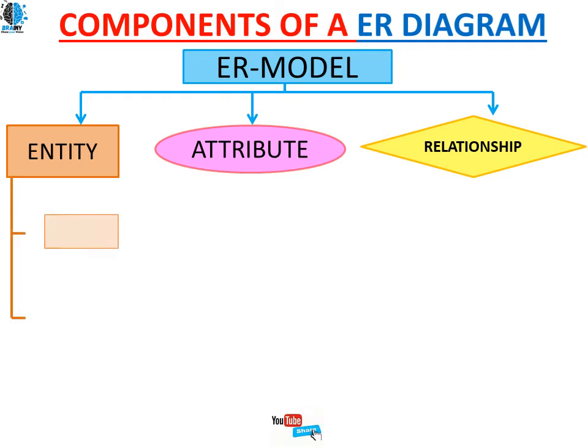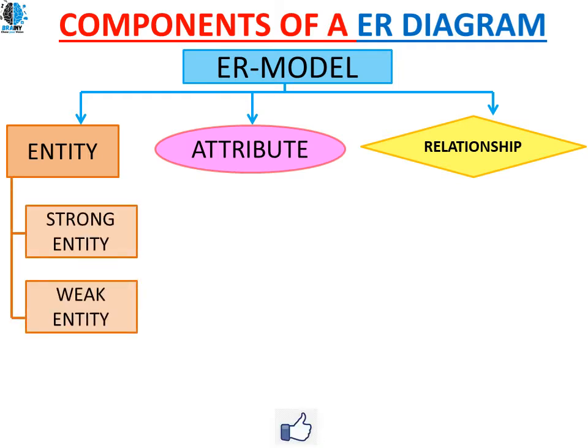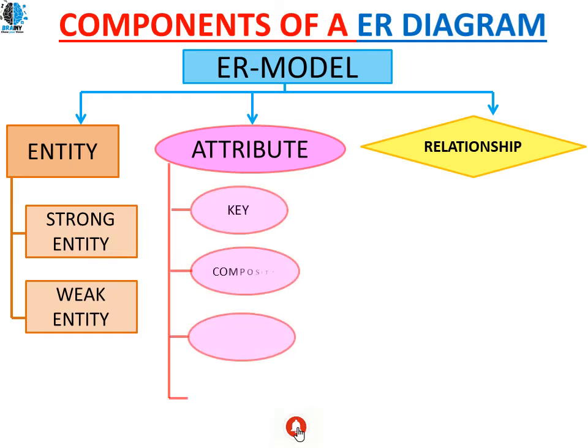Let's see this entity. Entity is of two types, strong entity and weak entity. Attributes are of four types: key attribute, composite attribute, multivalued attribute, and derived attribute.